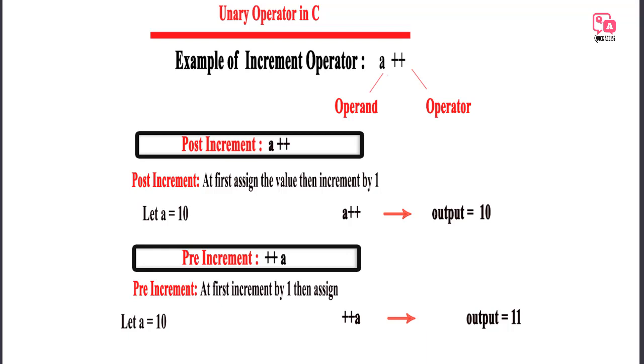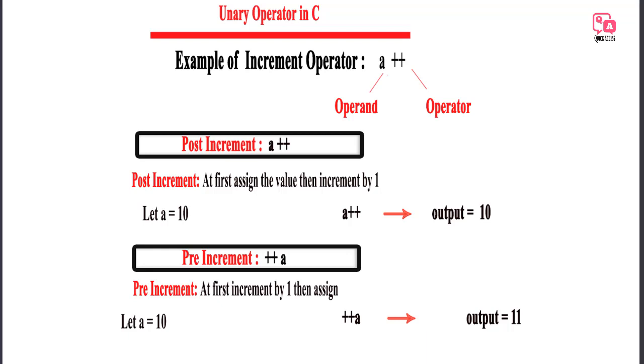Now I'm coming to the next point, pre-increment. Pre-increment means at first increment by 1, then assign. So first should be the operator, next the operand. Let A equal to 10.